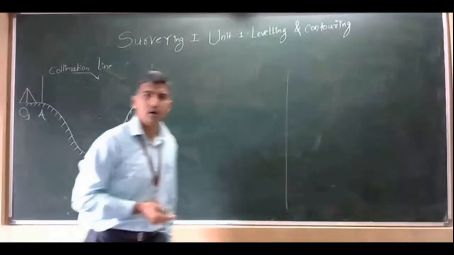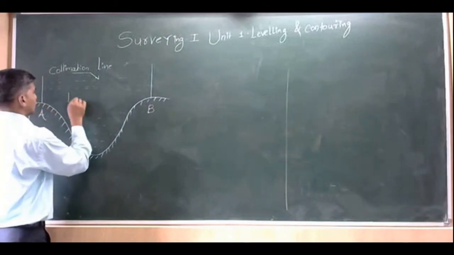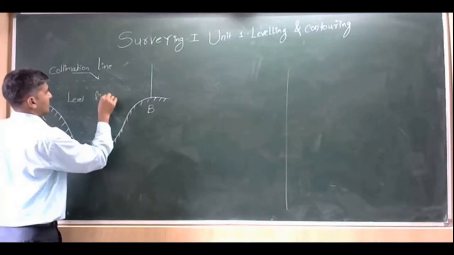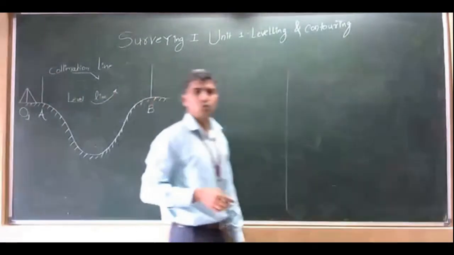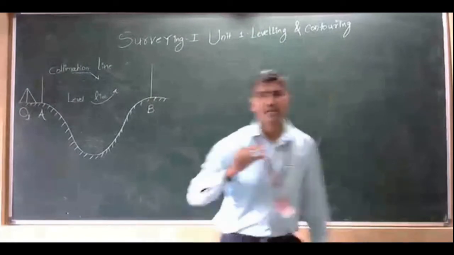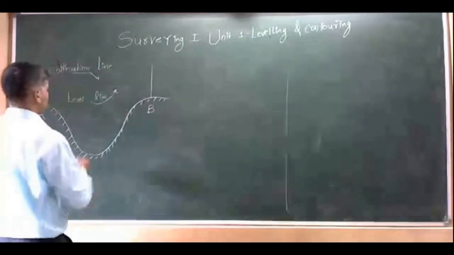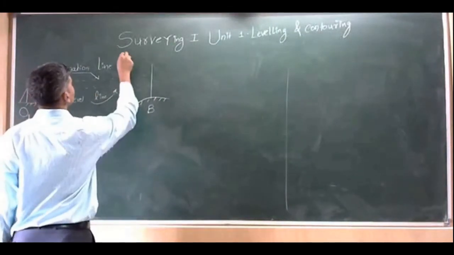One which is inclined downward is my true level line, and the middle line is just the horizontal axis, or we can say the horizontal line.